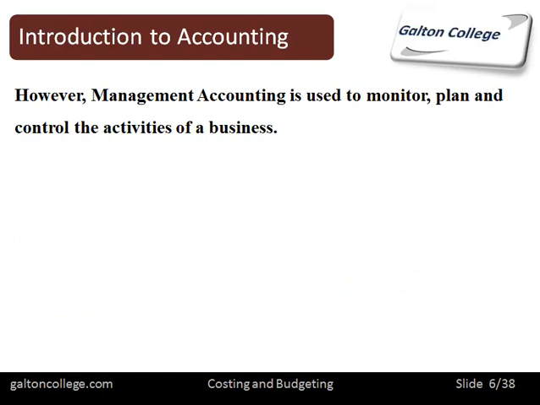Management accounting is used to monitor, plan and control the activities of a business. Now, to this end, we have to distinguish immediately between financial accounting and management accounting. Financial accounting is to do with the preparation of the financial returns of the business. These are important, for example, for the payment of tax.